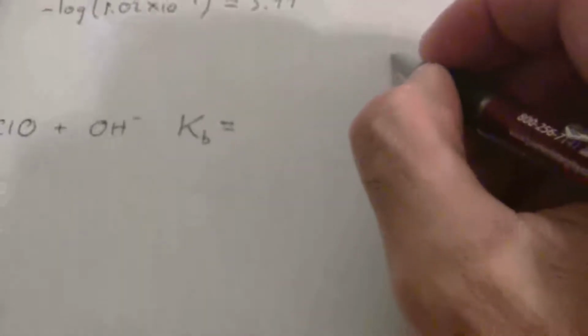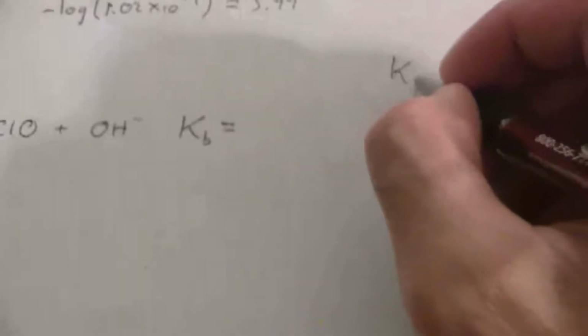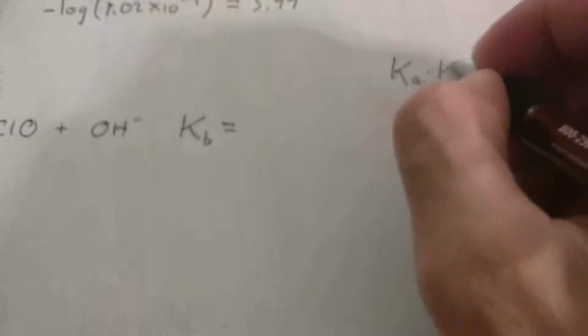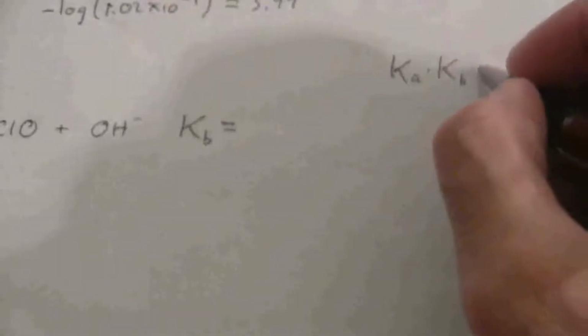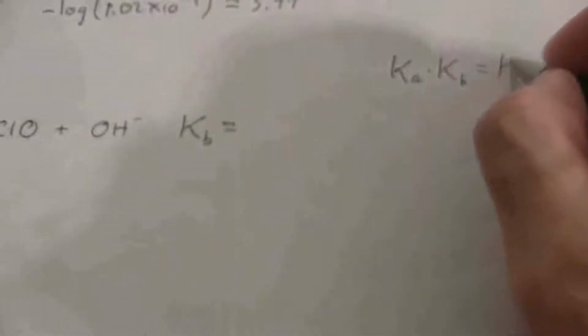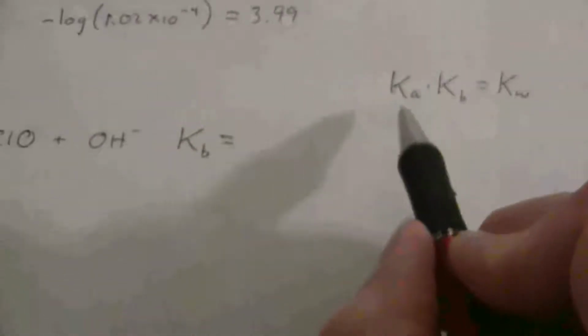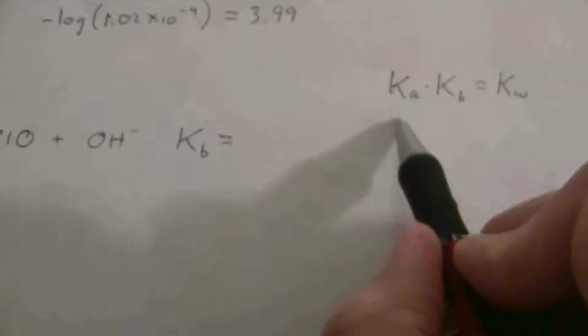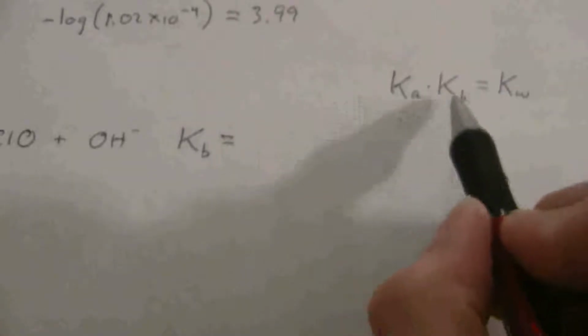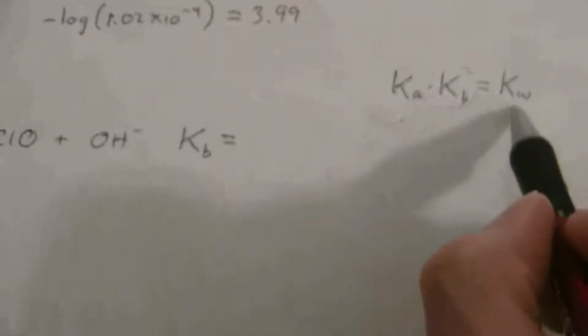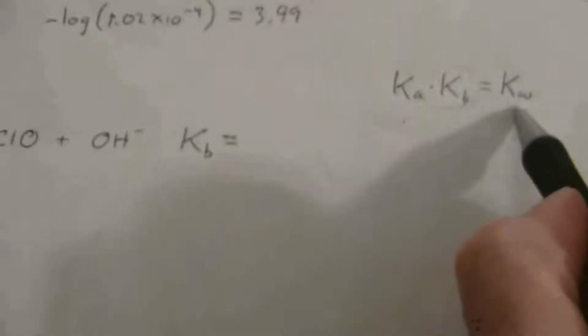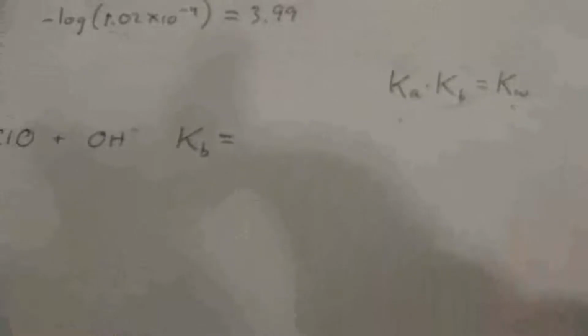Remember that the Ka times the Kb equals Kw. In other words, 3.5 times 10 to the minus 8th times our Kb equals 1.0 times 10 to the minus 14th. That's our Kw, a good number to know.